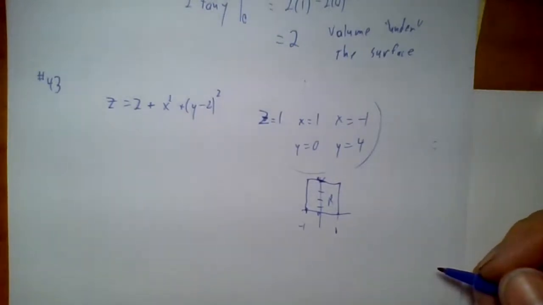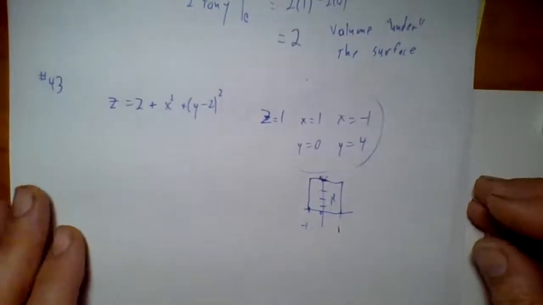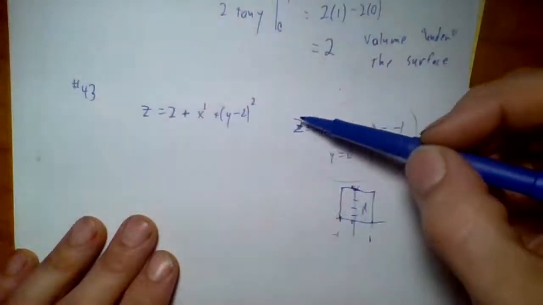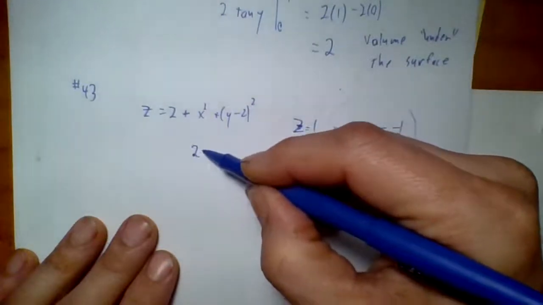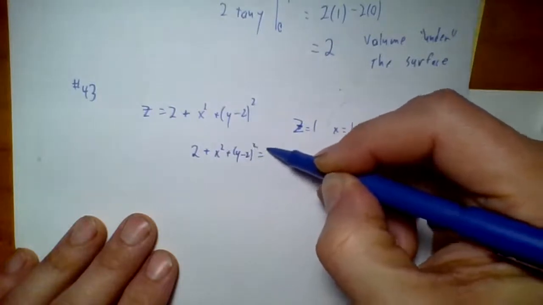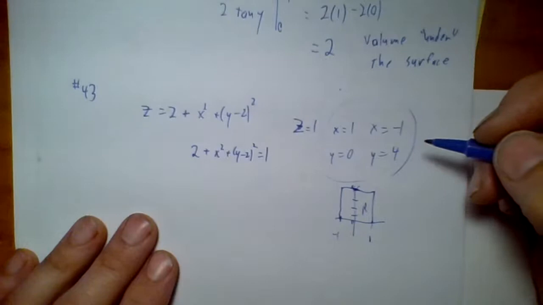So what I thought when I looked at it, if I'm going to do volume between two things, then I need to look at where they intersect. And if I look at where z is equal to this and equal to 1, then I'm looking at where 2 plus x squared plus (y minus 2) squared equals 1. And that looks like some kind of circle thing, and I'm a little afraid about how complicated that's getting.